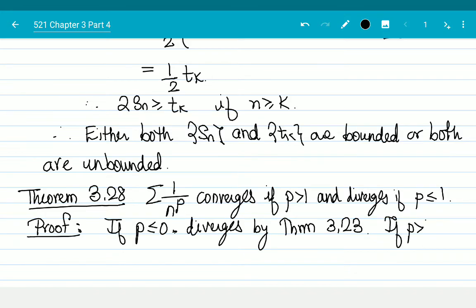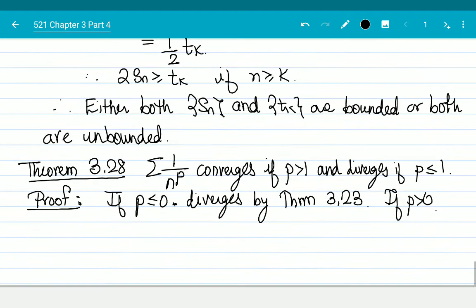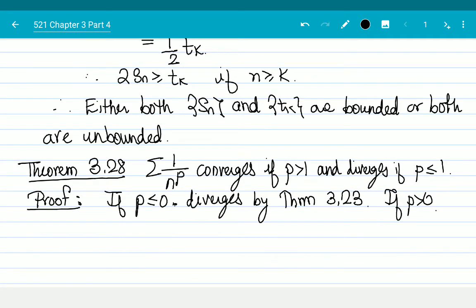If p is greater than 0, 3.27 is applicable, which says that either both of these are convergent or both of these are divergent. And we can look at the series by theorem 3.27.